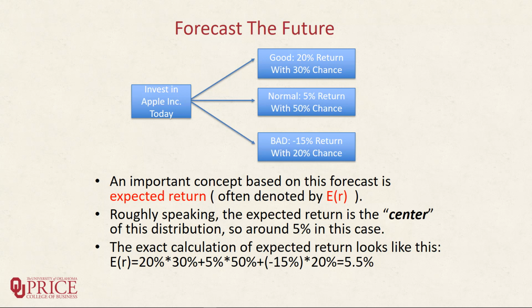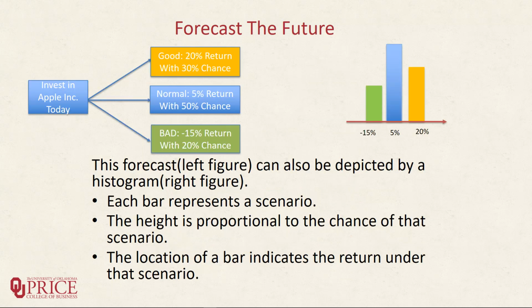Roughly speaking, if you look at this representation of the forecast, this is a typical representation in the sense that normally we have highly likely scenarios in the middle, so they tend to have higher bars because they're more likely. As we move away from the center, the results become less and less likely, so the bars become shorter and shorter.